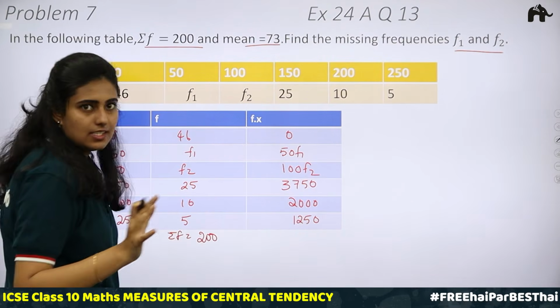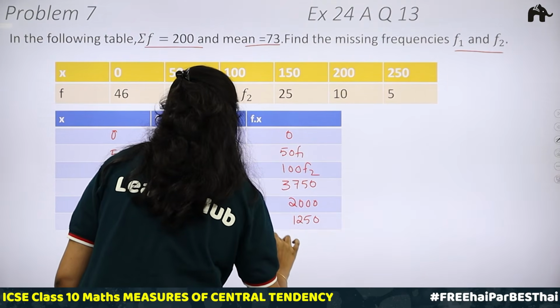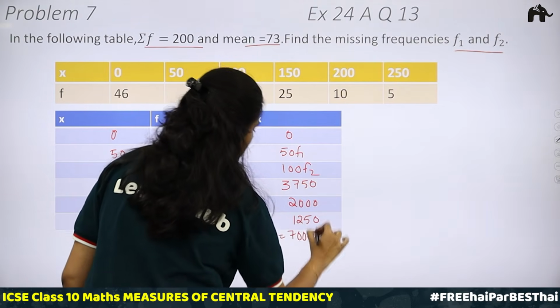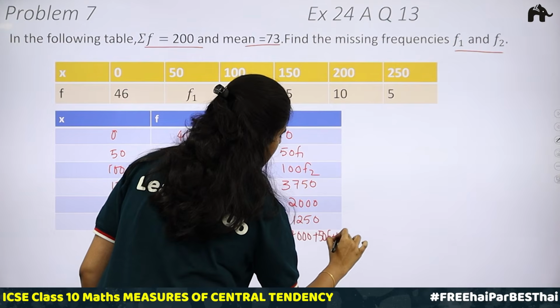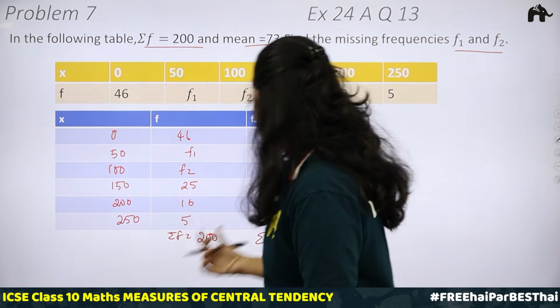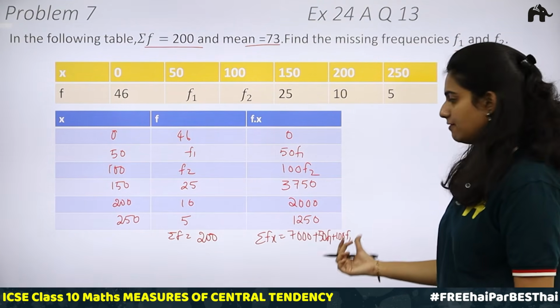So now adding this, we will be getting summation fx is equal to 7000 plus 50 f1 plus 100 f2.